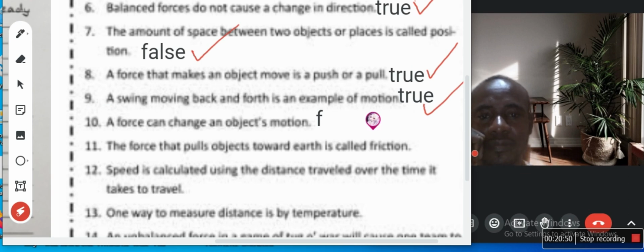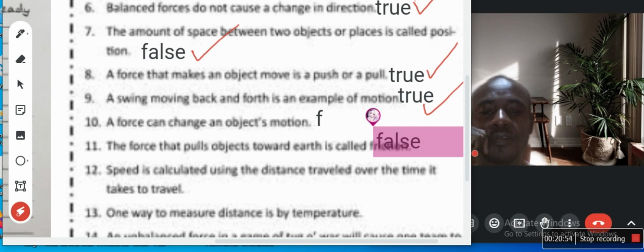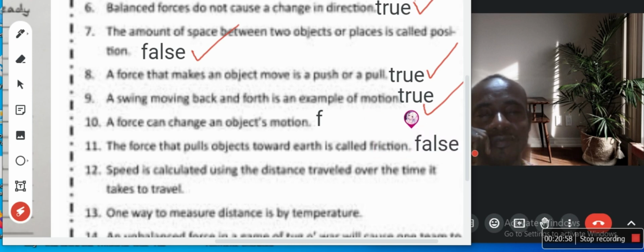What do you think? False. A force can change an object's motion. Write it in full now so that I'll be sure of what you wrote, for number 10. What can you remember about the effects of forces?